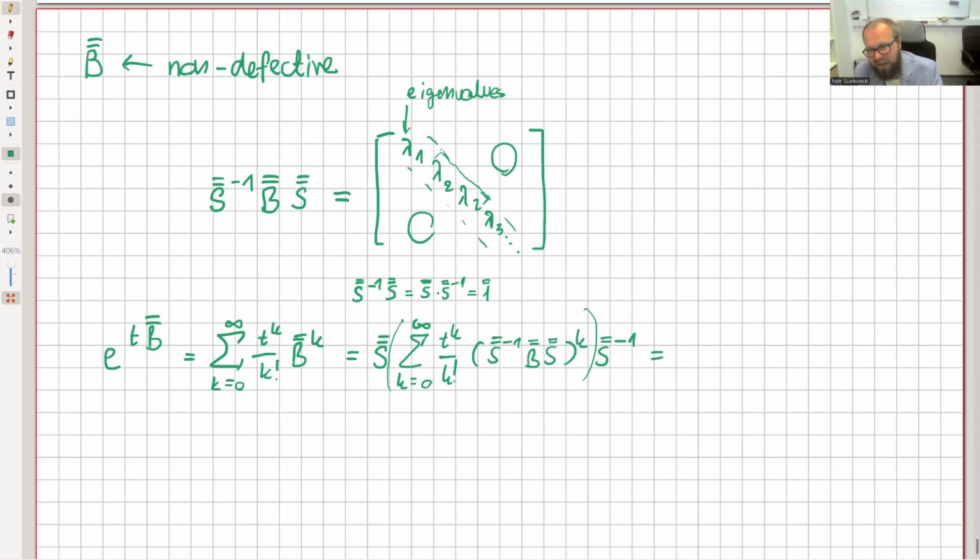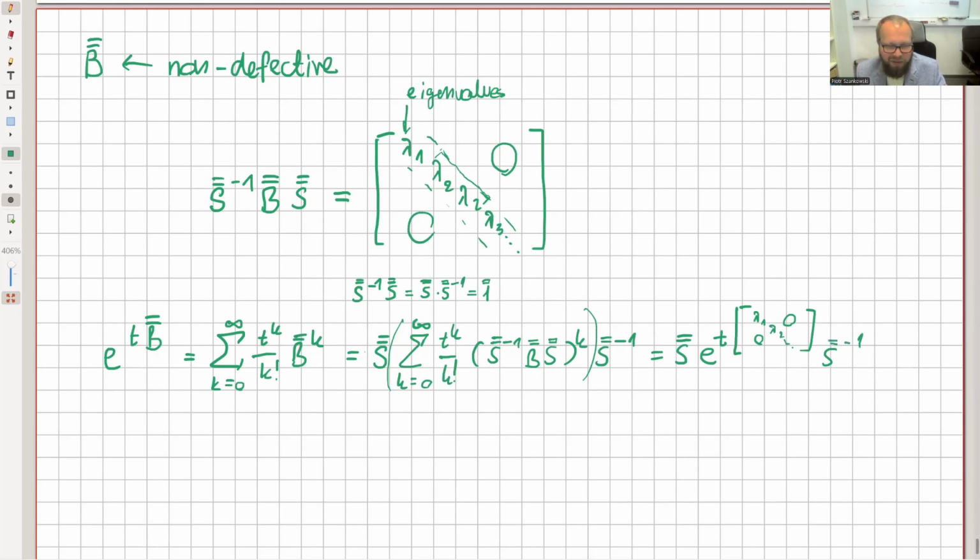So you just get S times e to the power t times the diagonal form of the matrix, because S minus 1 B S is diagonal, times S minus 1.